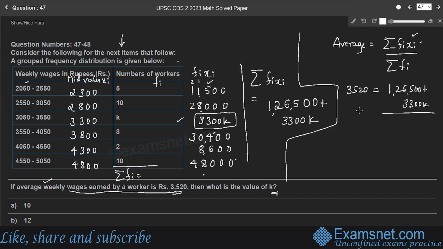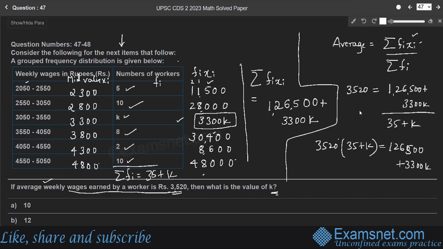Total number of workers is 5 plus 10, 15 plus 8, 23 plus 2, 25 plus 10, 35 plus K. So 35 plus K divided by 35 plus K. Simplify it: 3,520 into 35 plus K is equal to 1,26,500 plus 3,300 into K.